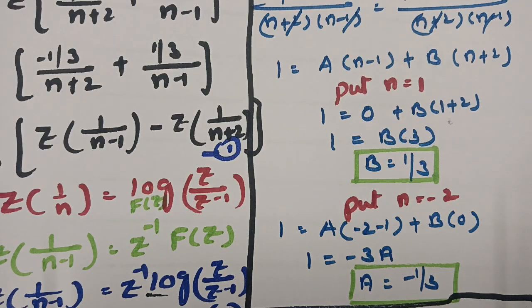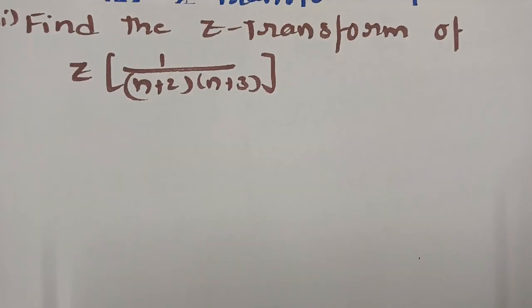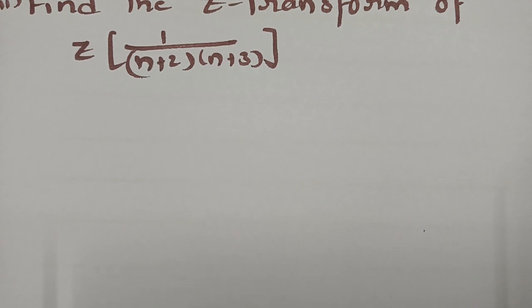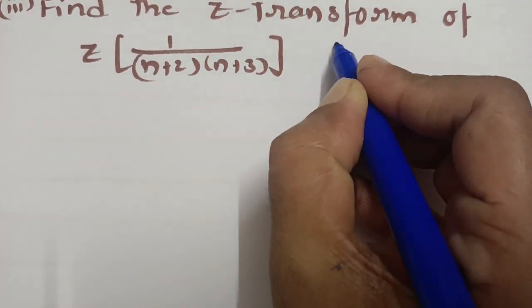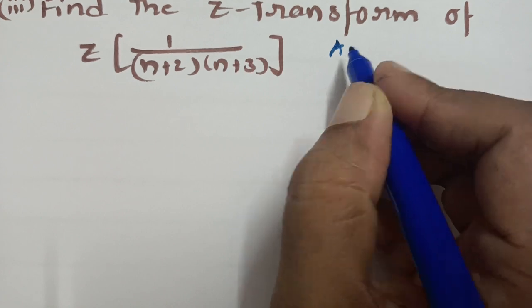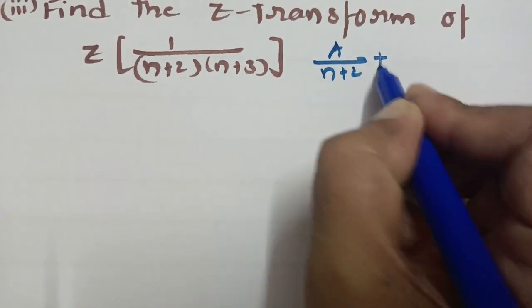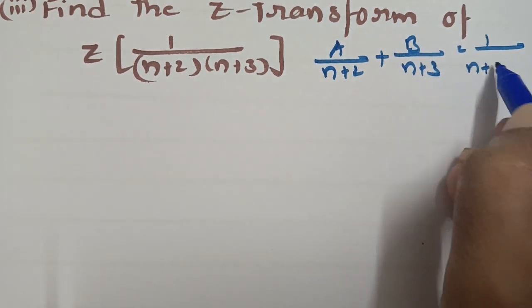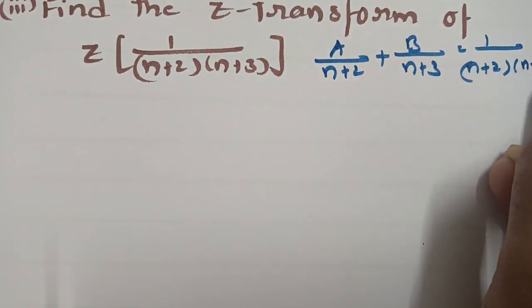And the last question here is, find the z transform of 1 by n plus 2 into 1 by n plus 3. So now, according to our shifting theorem and partial fractions, this can be resolved as a by n plus 2 plus b by n plus 3 is equal to 1 by n plus 2 into n plus 3.